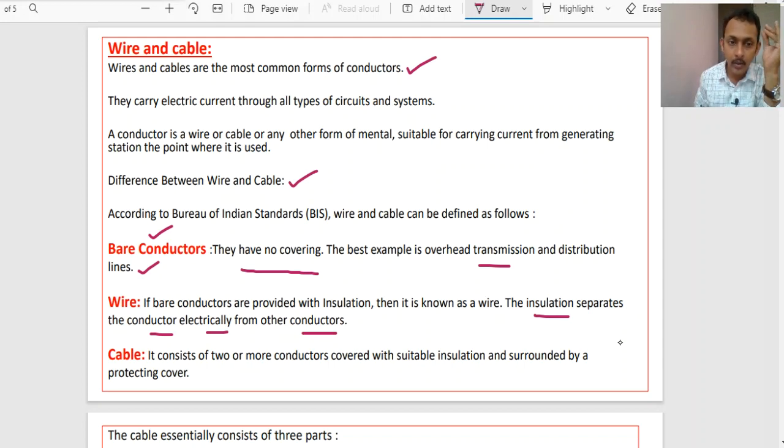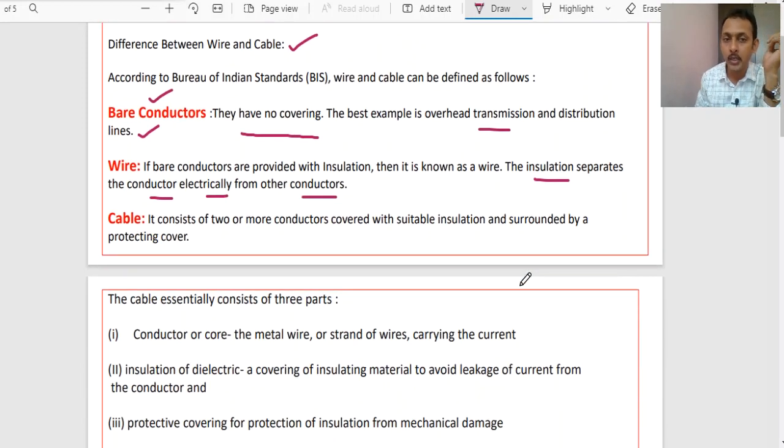Now if it is a cable, it is going to consist of 2 or more conductors covered with suitable insulation, and it will be surrounded by a protecting cover. Now the cable is going to consist of 3 parts.